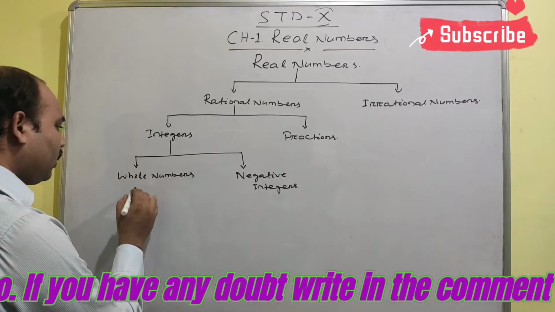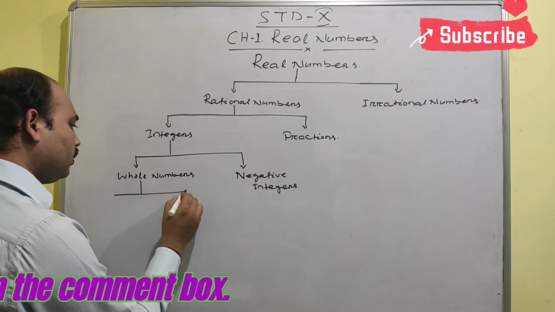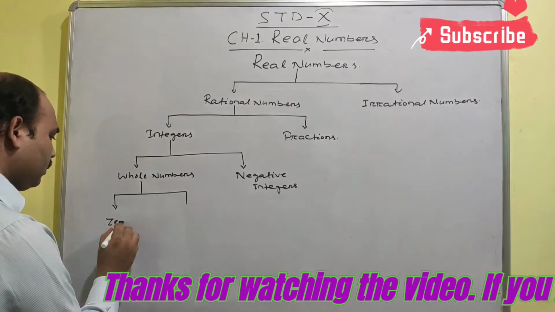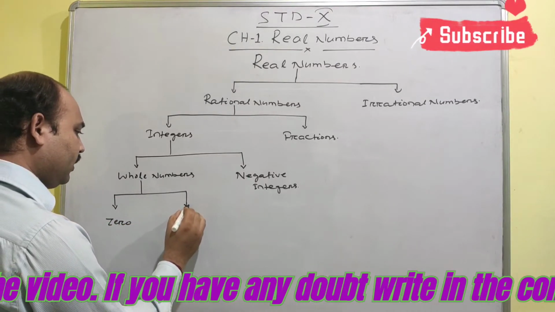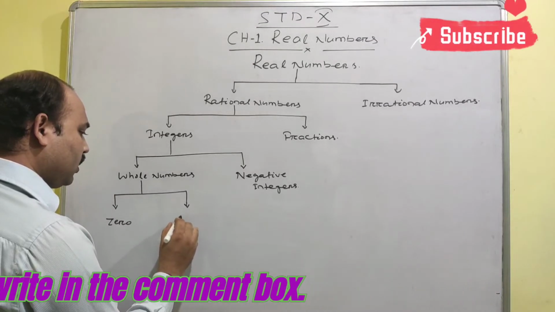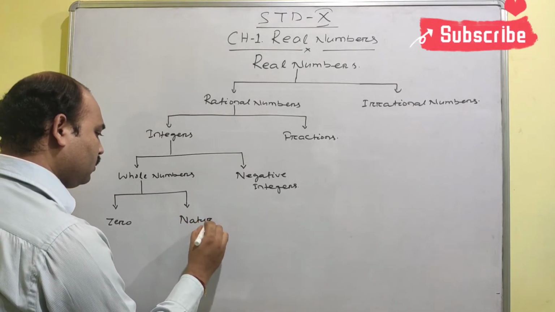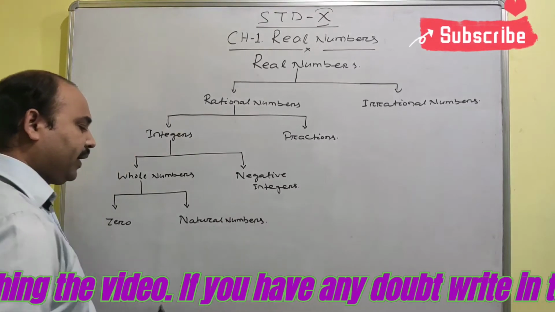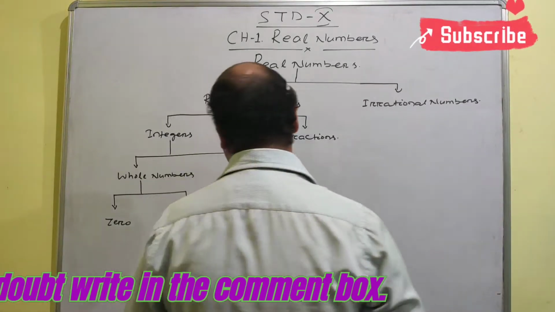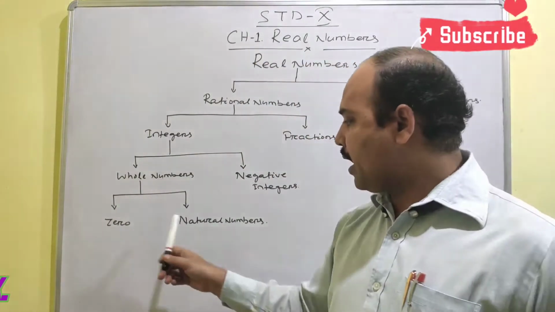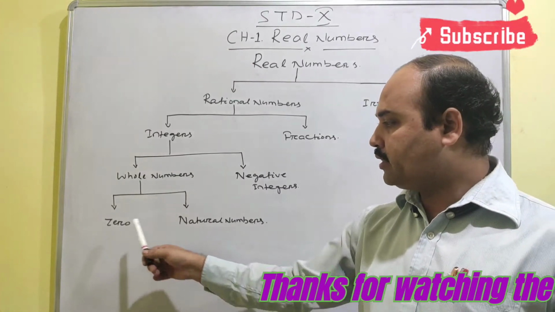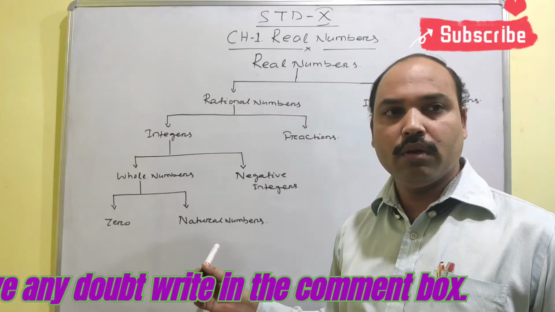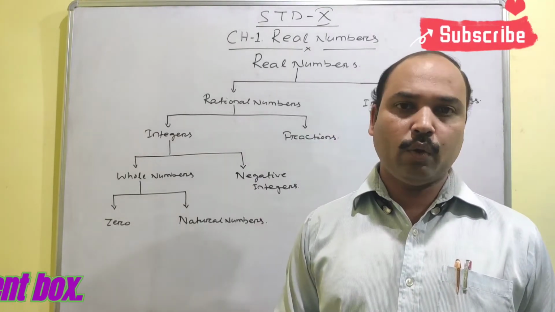Then the whole numbers are again divided into two parts: first your 0, and second your natural numbers. Okay. So now we discuss 0 and natural numbers. When we take 0 and natural numbers, we will get the whole numbers. Already you know what a natural number is. All the counting numbers are known as natural numbers.